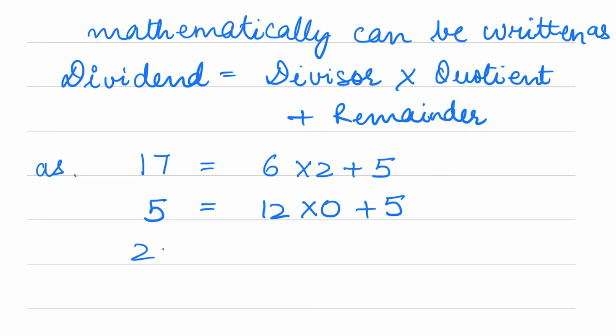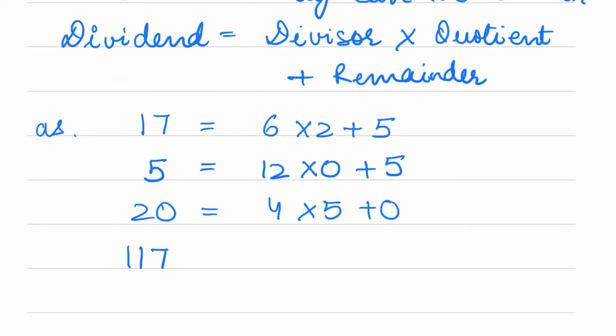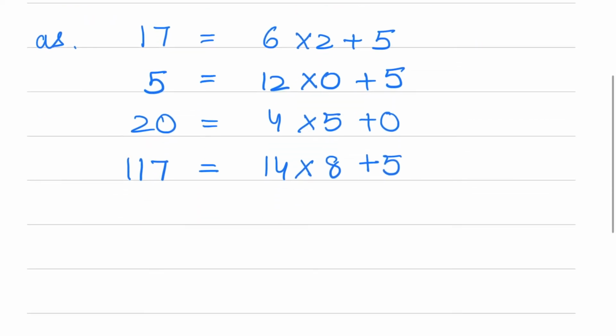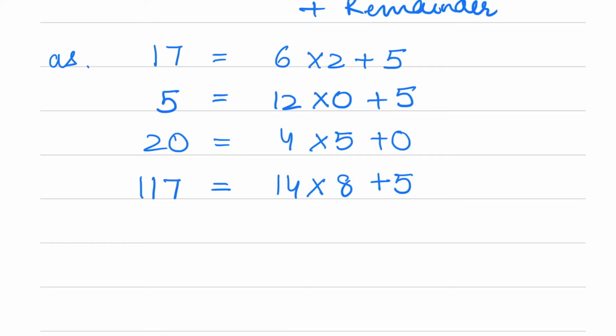And let's divide 20 by 4, so quotient will be 5 and remainder will be 0. If I divide 117 by 14, I'll get it 8 times and I'll have a remainder 5. So through these examples we can see that the quotient or the remainder can be 0 also.